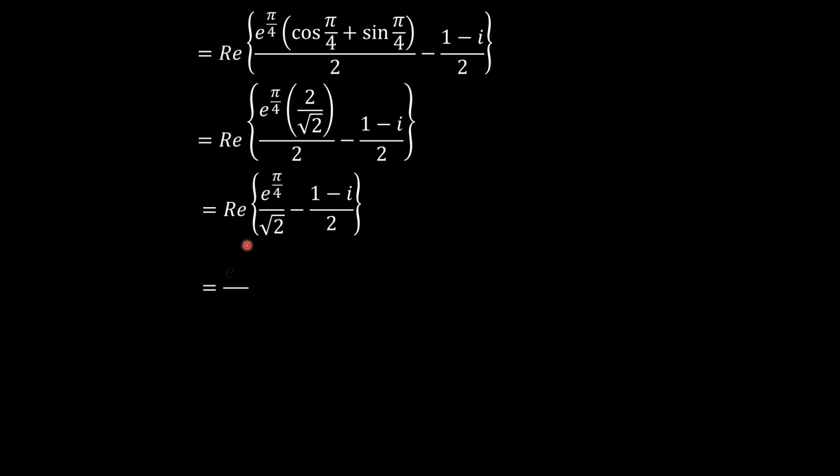So the answer here is that the integral I is e to the pi over 4 over root 2 minus a half. And that's the same answer that we had found in the previous method. So either of the two ways of approaching it is fine. If you're very comfortable with dealing with complex numbers, that's also fine. Whatever you choose to use, that's okay.